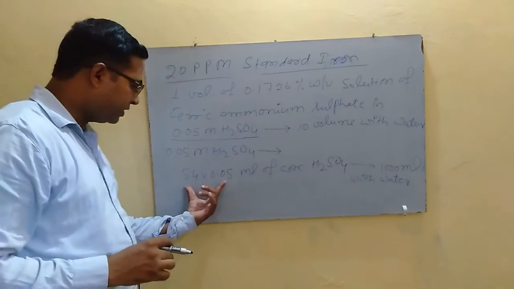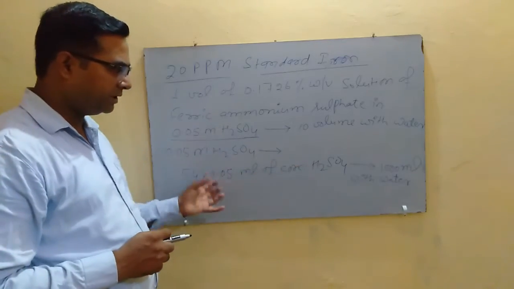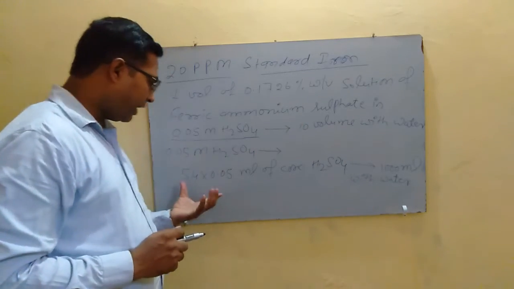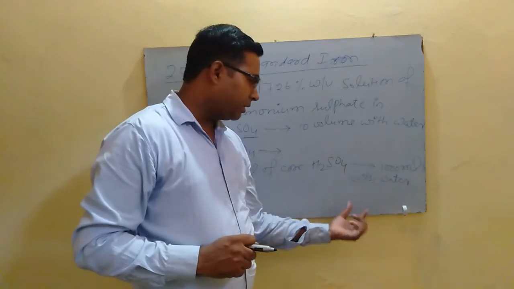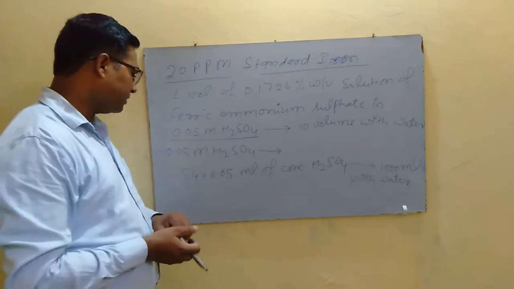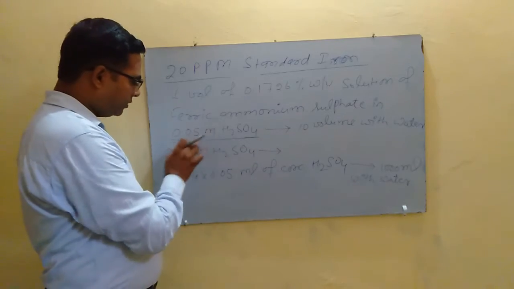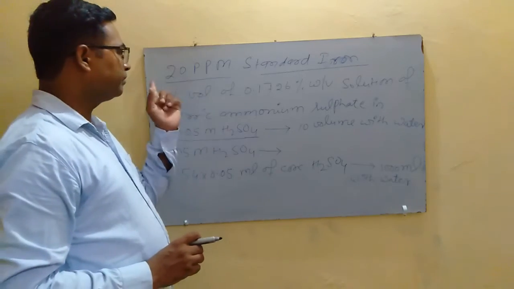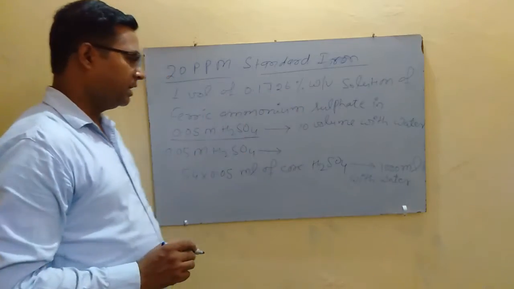This quantity of concentrated H2SO4 is first diluted with 10 to 50 ml of water, and then finally the volume is made up to 1000 ml with water. This is the procedure for the preparation of 0.05 molar H2SO4, which is used in the preparation of the 20 ppm standard iron solution with the help of ferric ammonium sulfate.